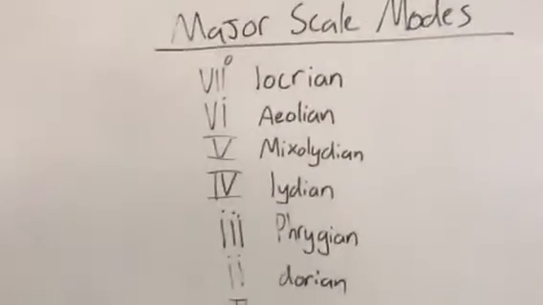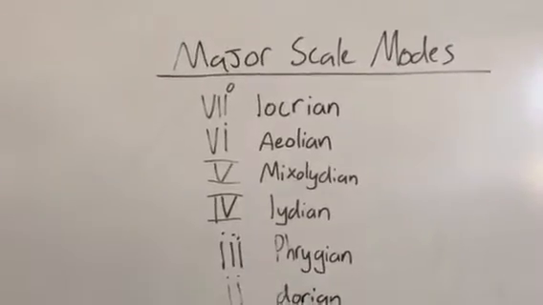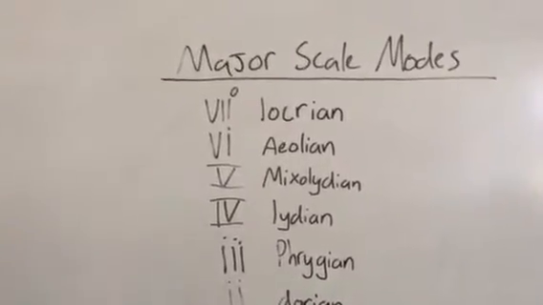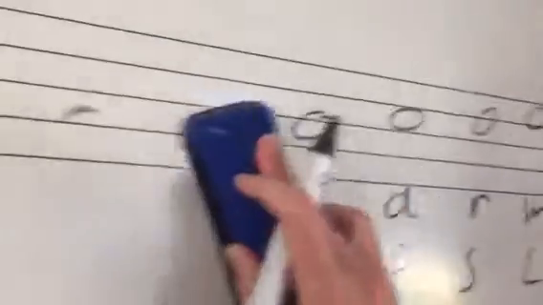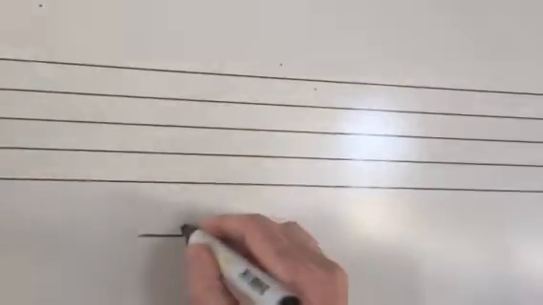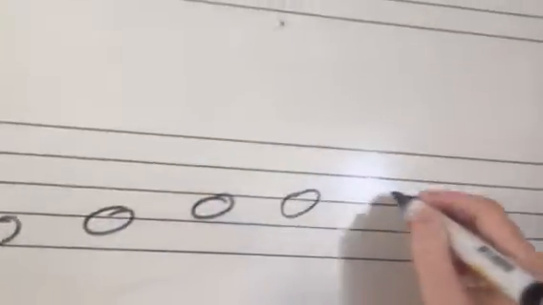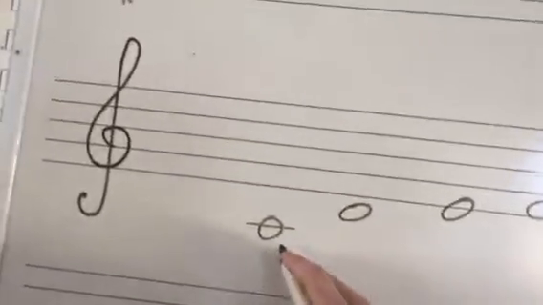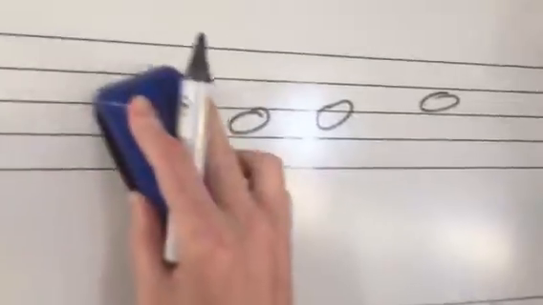Now the only other mode of note in VCE music is the Aeolian mode. And you already know this mode, in fact. It's just a natural minor scale, okay? Because if we have the first 6 notes of a major scale, I'll write that out again. C, D, E, F, G, A, B, C. And we rub out the first 6 notes, leaving the 6th note, because it's the 6th mode.